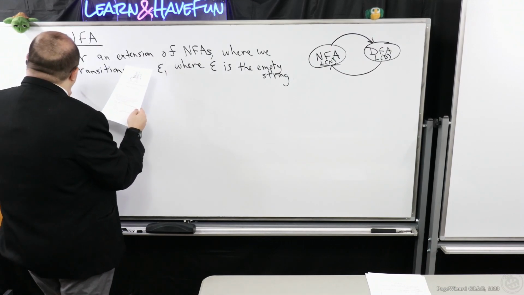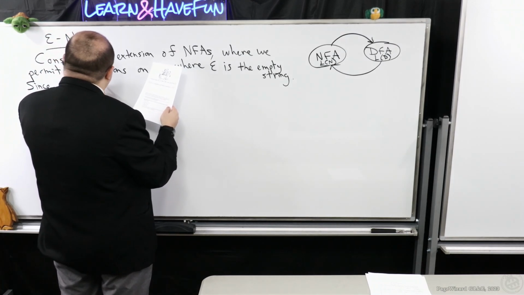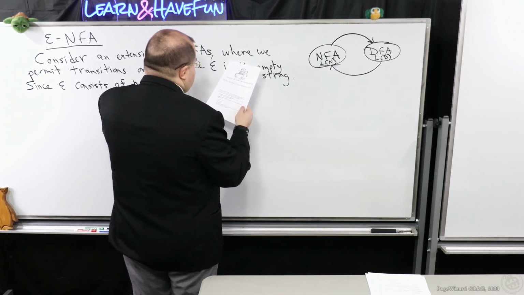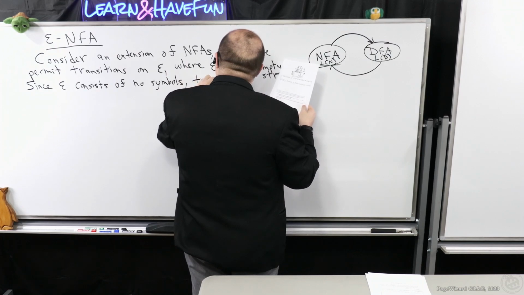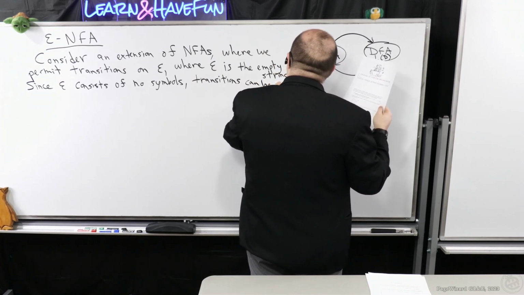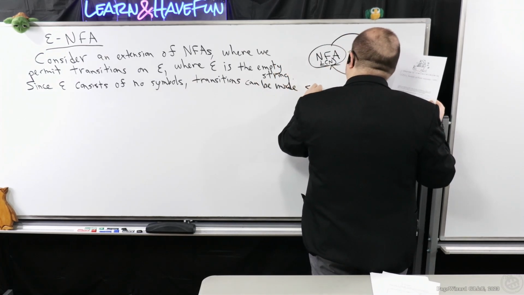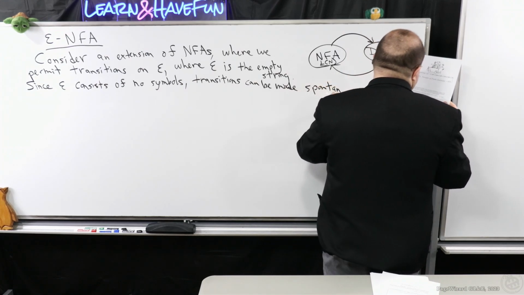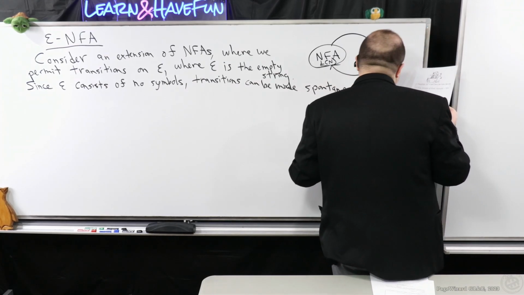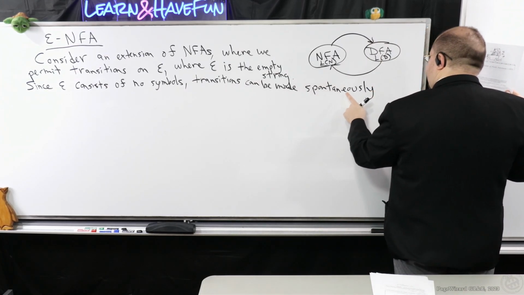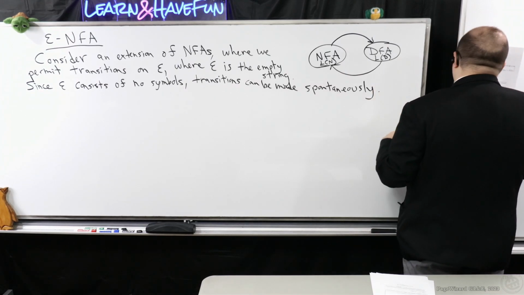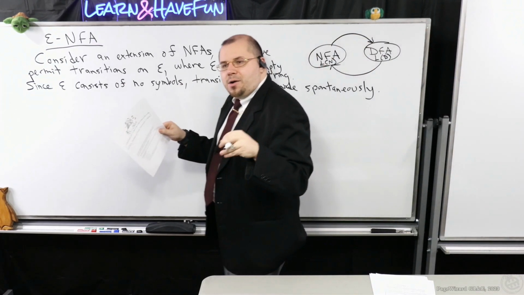Since epsilon consists of no symbols, the empty string indeed has no symbols, transitions can be made spontaneously. You've got to think back to how these machines operate.